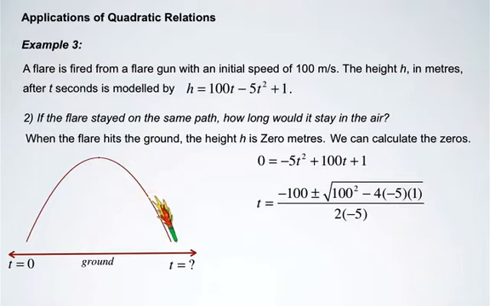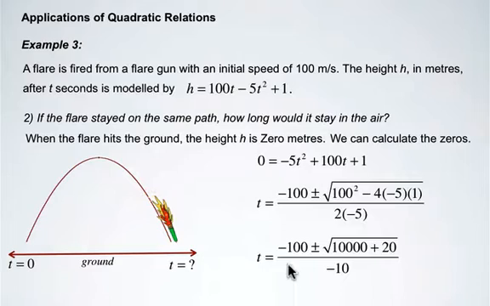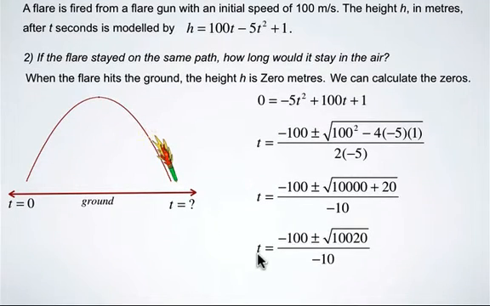When we simplify this quadratic formula, our next line is t equals negative 100 plus or minus the square root of 10,000 plus 20, divided by negative 10. So t equals negative 100 plus or minus the square root of 10,020, divided by negative 10.